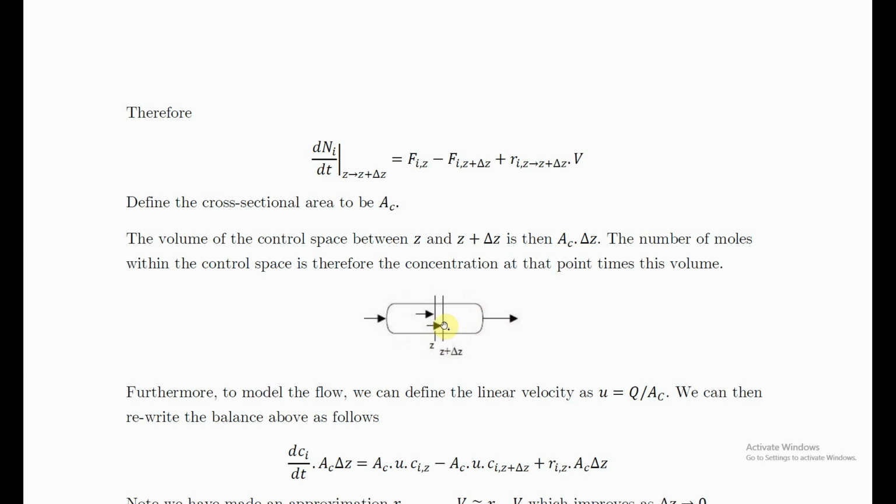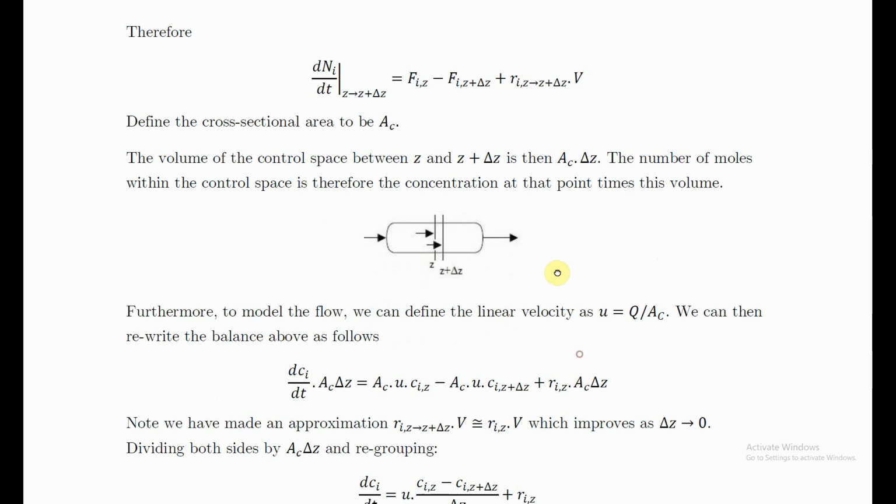If you take a cross-section, the circle there, that's AC. And then the distance traveled is delta Z. So cross-sectional area times delta Z is the volume of this disk. And so the number of moles inside the space is going to be the concentration in the space multiplied by that volume.